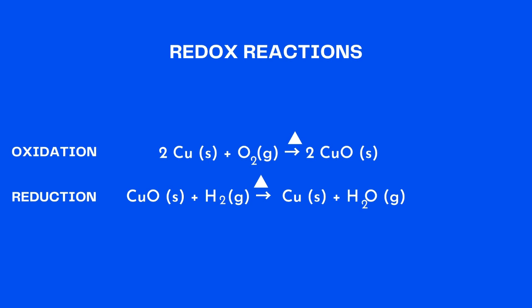The copper, in the first reaction, gains oxygen to form copper oxide, and this copper oxide loses oxygen to form copper. So a reaction in which there is gaining of oxygen is known as oxidation, and the reaction in which there is loss of oxygen is known as reduction.